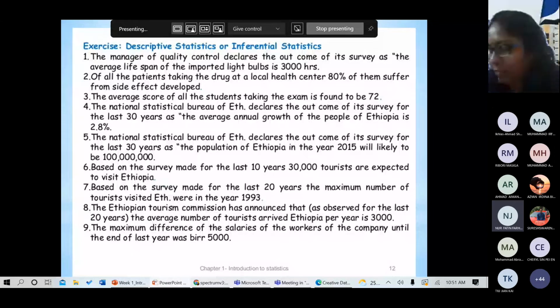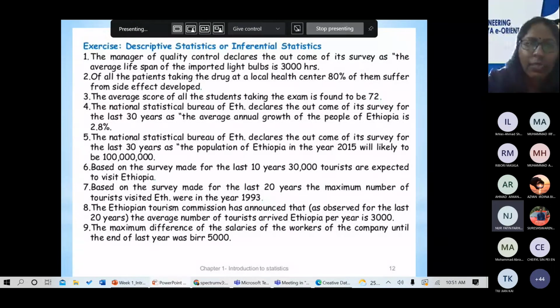Okay, so this is a bit tricky, right? The second one is definitely an inferential, because we're already giving an overview of all the patients. But the third one is also giving us an overview of all the students taking the exam, and the average is found to be 72. But they're not making any inferential claims.